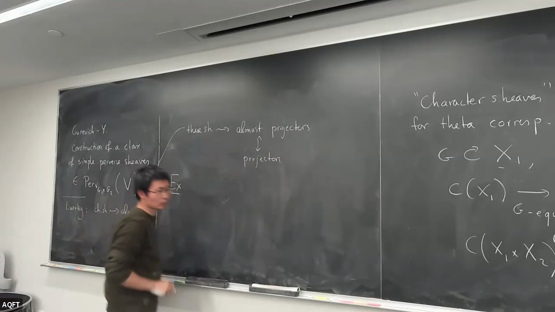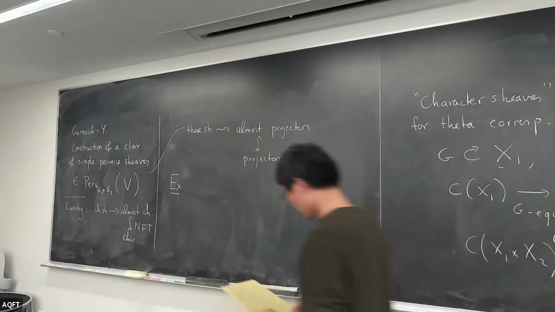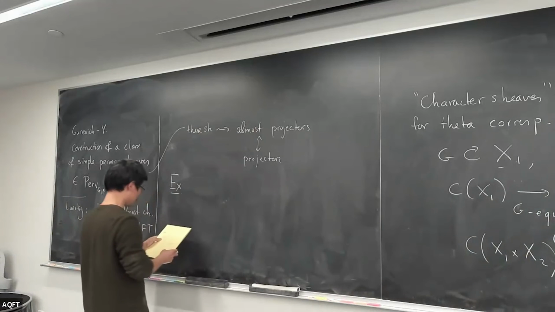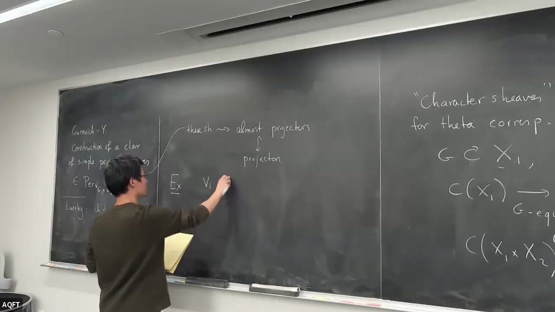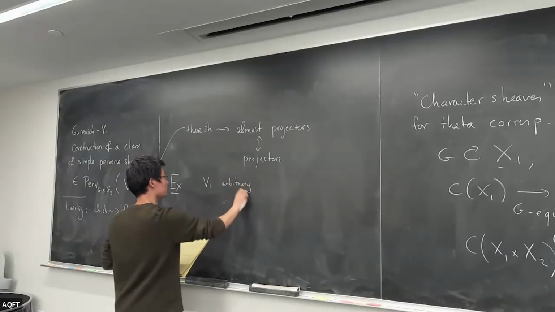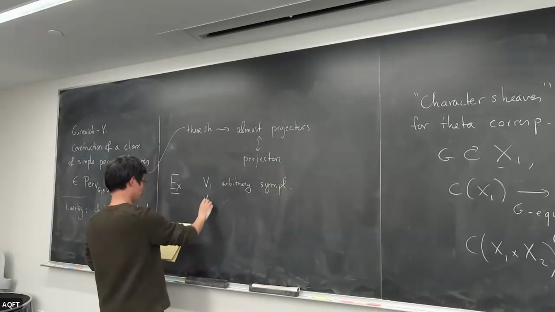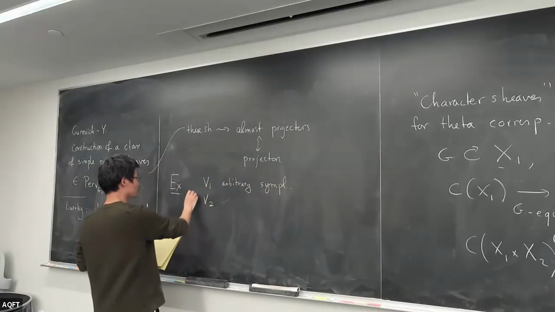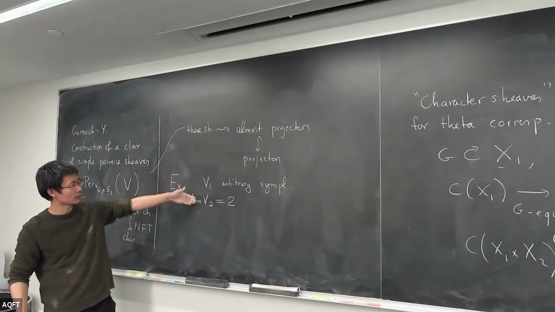So just to give an example of what these sheaves might look like, I'll end my talk after that. So suppose V1 is an arbitrary symplectic space. V2 has dimension 2. So we are talking about Sp something times O2.